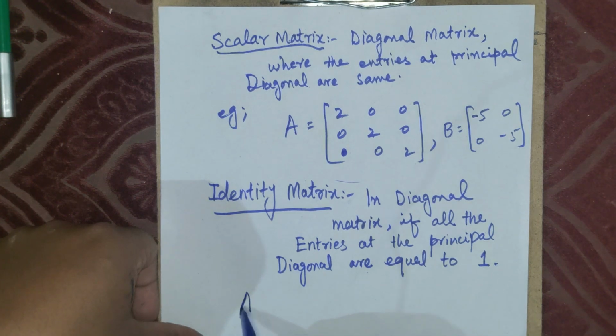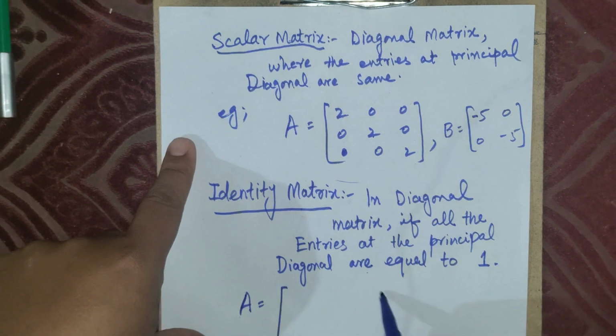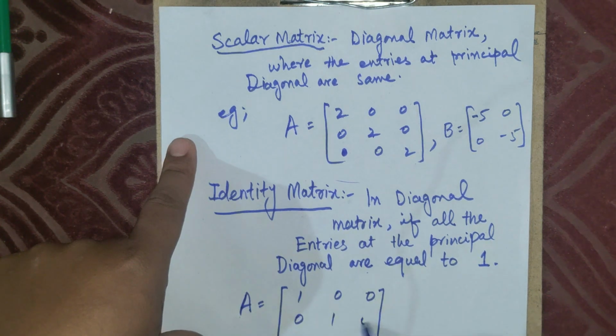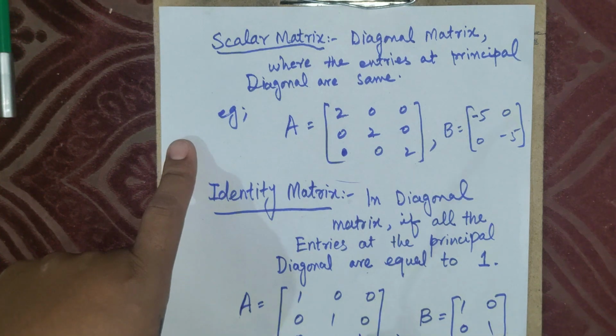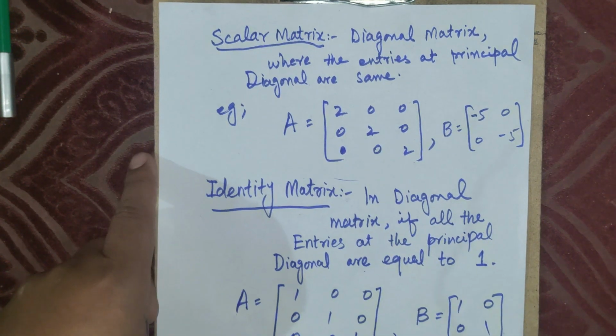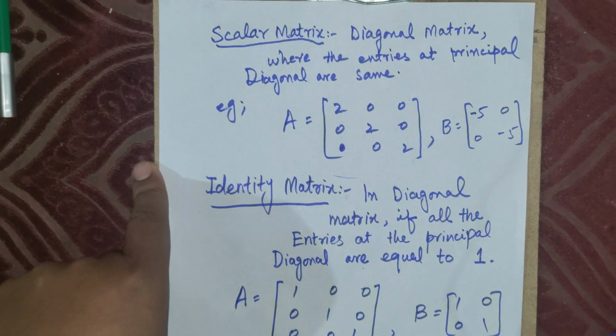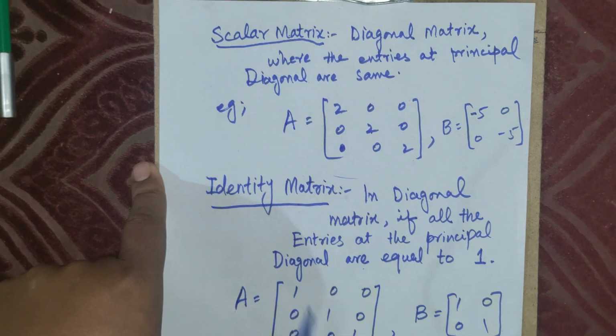For example, 1 0 0 0 1 0 0 0 1, or B is equal to 1 0 0 1. Here this matrix is a diagonal matrix and it is called an identity matrix because at the principal diagonal the only element is 1. The same is the case for matrix B.